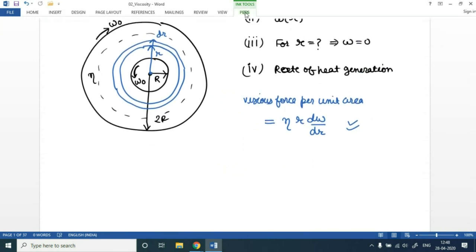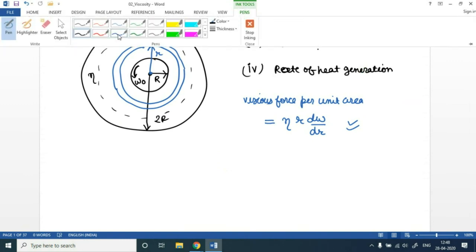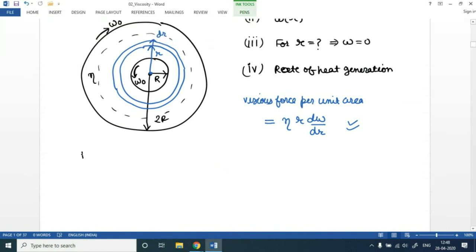In the first part we are required to find the torque. Let's draw it here also. Let's say this layer of the liquid is moving with angular velocity omega, and the next layer is moving with angular velocity omega plus d omega.